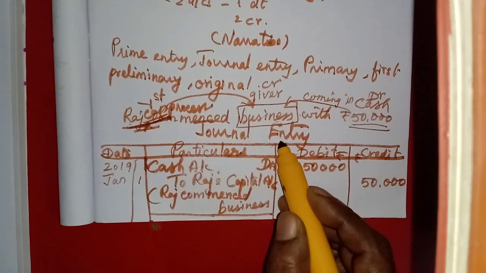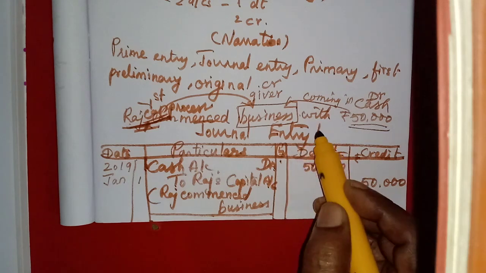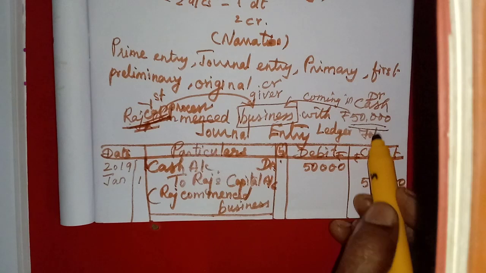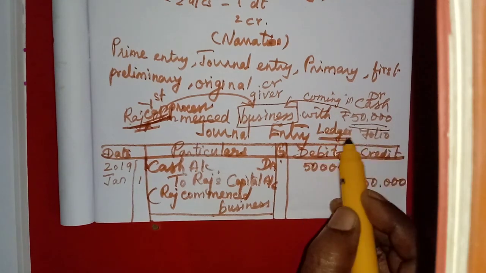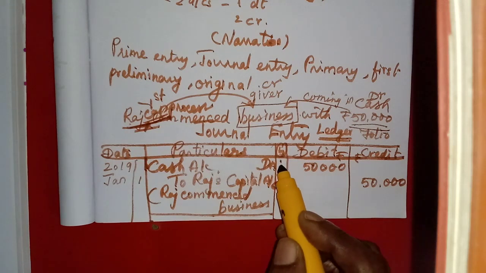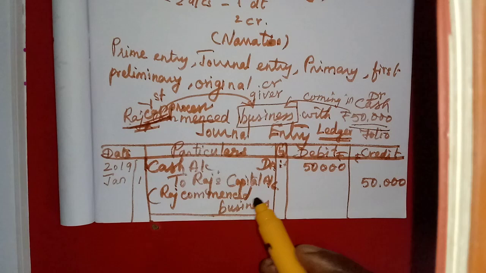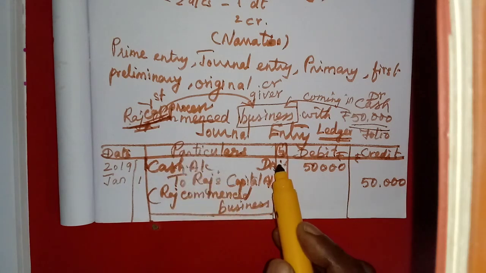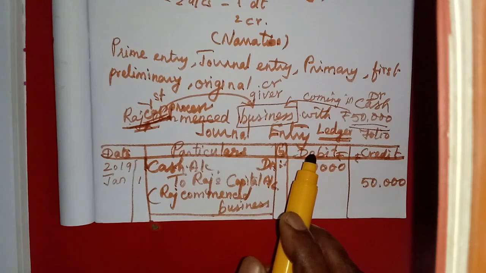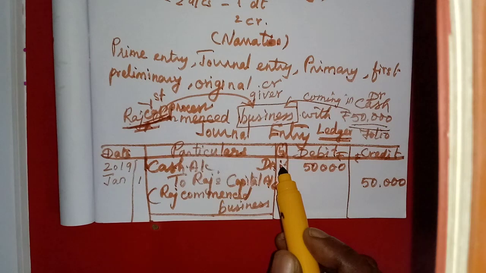Now I will explain this one. What is LF? LF means ledger folio. When we prepare the ledger account, we will write the page number of that ledger account here, where this entry is posted, for reference for the auditor or anyone who checks the accounts, so he can easily understand.